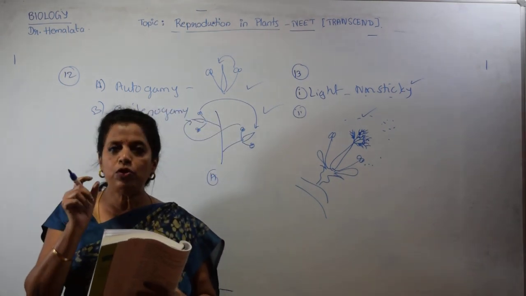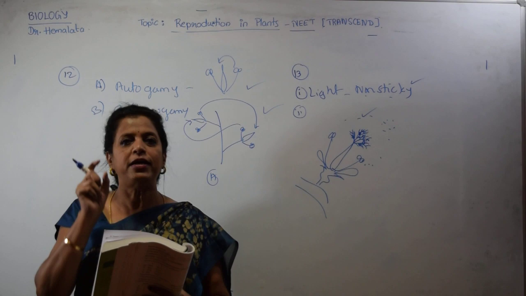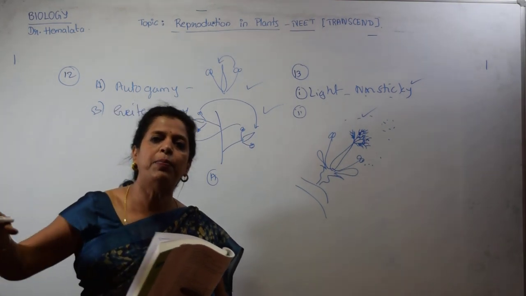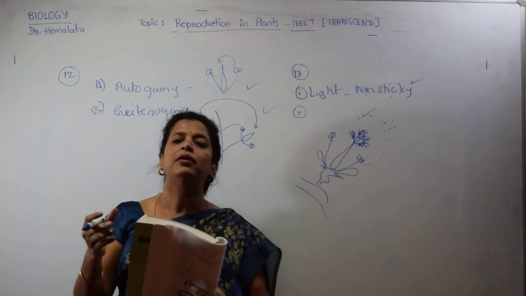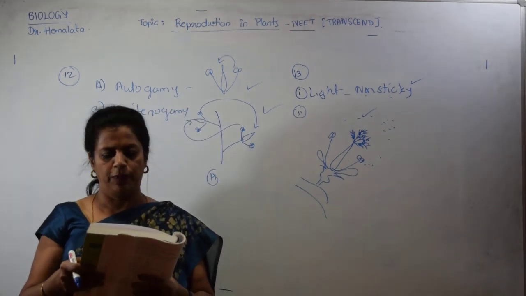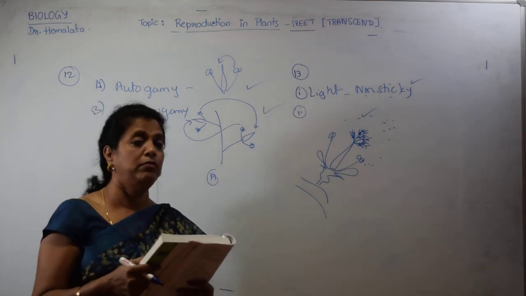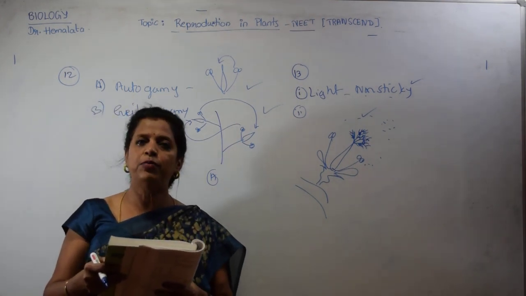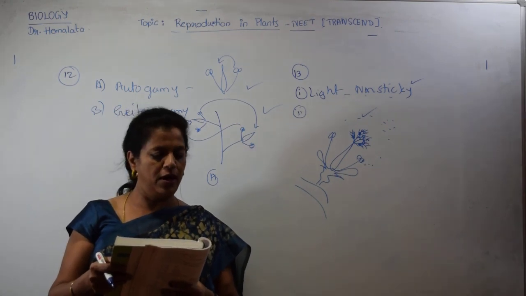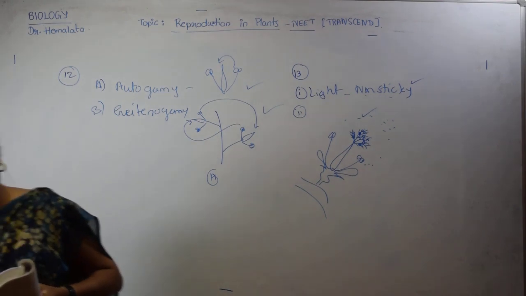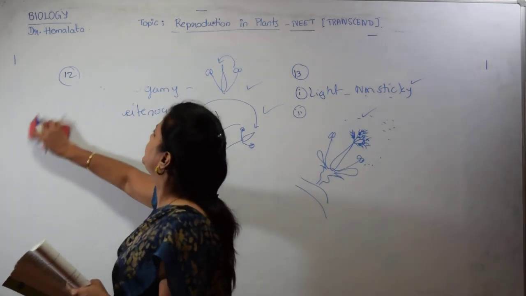Normally, in such plants, the pollen grains are either hooked, or sticky, so they get attached and move along with the animals, and help in pollination. Therefore, the right option for the given statements is anemophily, that is option A for the 12th question. Now, we will move on to the 13th question.